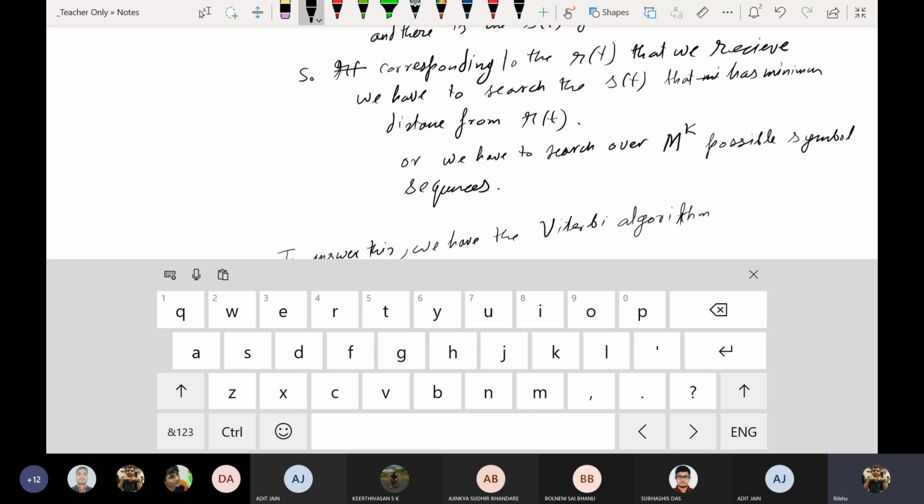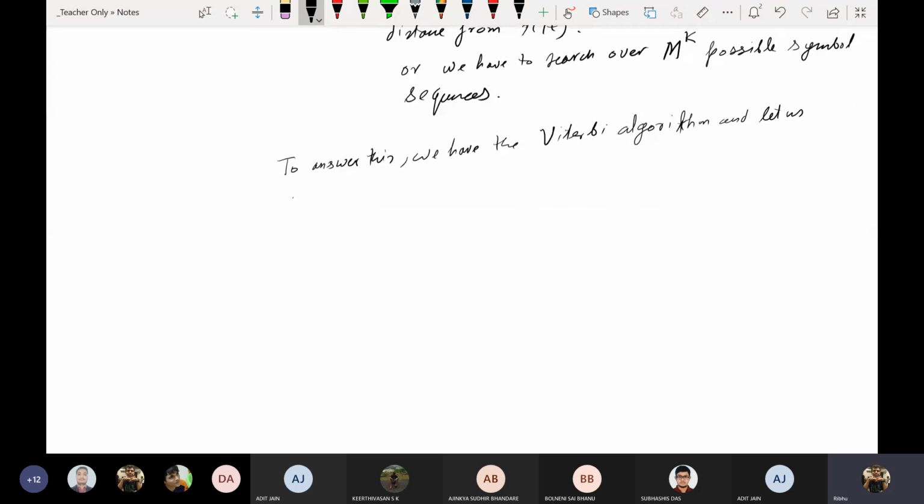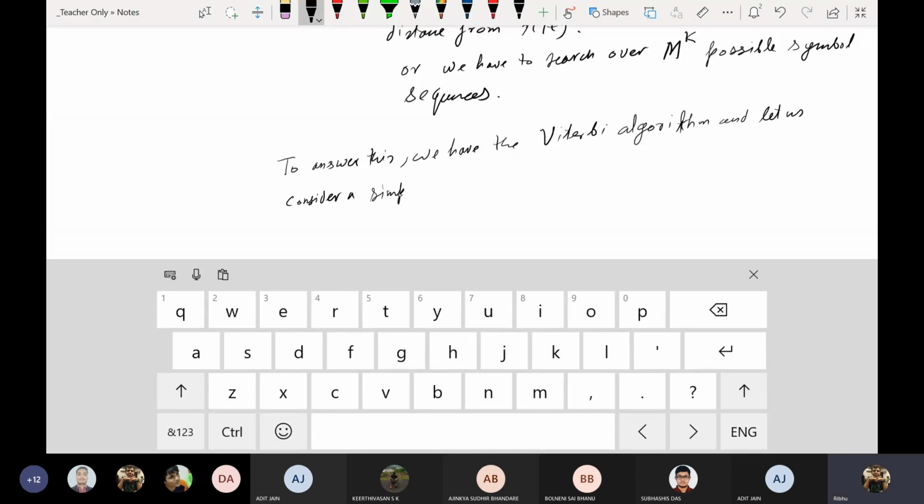Oh, it's gone again. And let us consider a simple two-state example with a two-state trellis.